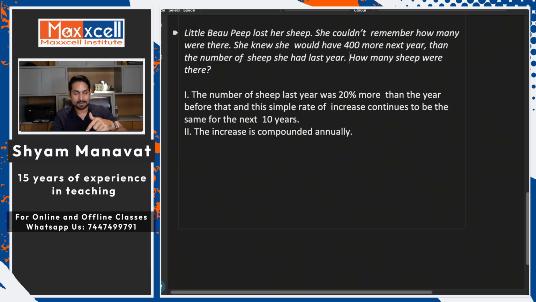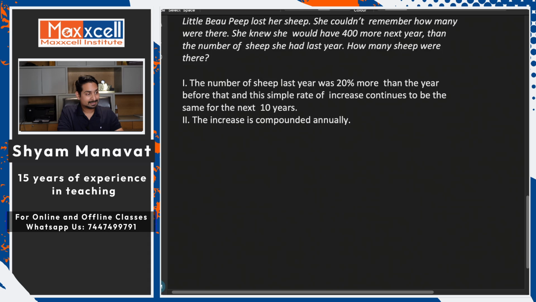When she lost them, she couldn't remember how many sheep were there. Did you get it? So we need to find out at present what's the number. So statement number 1 says the number of sheep last year was 20% more than the year before that.